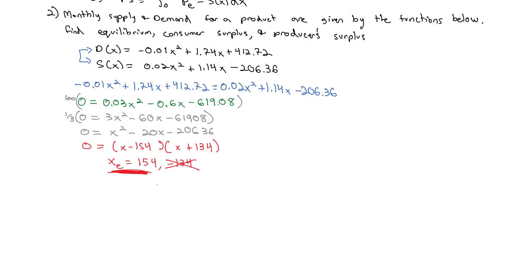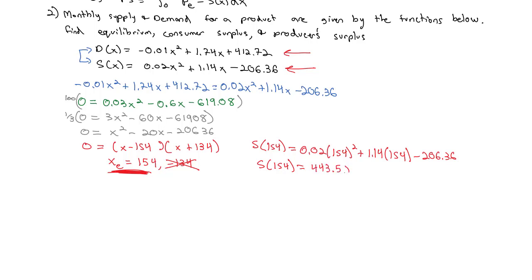To figure out what the p equilibrium price is, we can plug that 154 into either one of our equations. Both will give the same answer because, remember, they're both intersecting at that same point. So let's just plug it into the supply curve, just because I don't like the negative number of the demand curve. So the supply curve at 154 is equal to 0.02 times 154 squared plus 1.14 times 154 minus 206.36, which means the supply curve at 154, if I plug this into my calculator, I think I get 443.52.